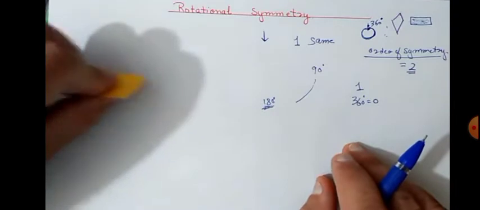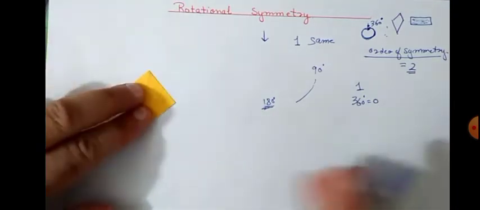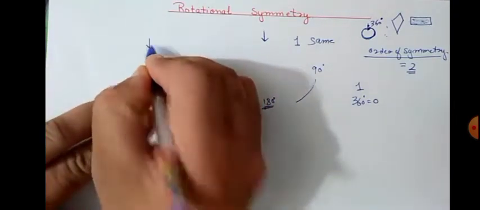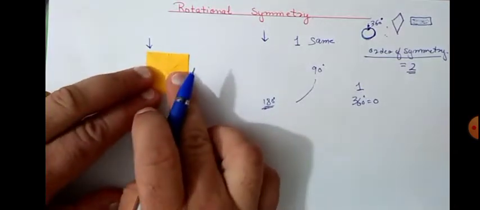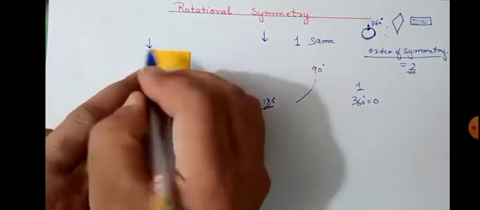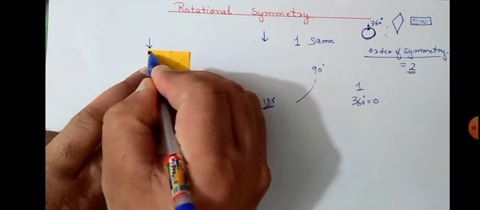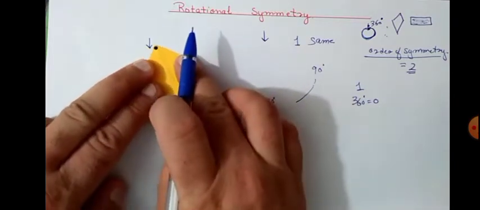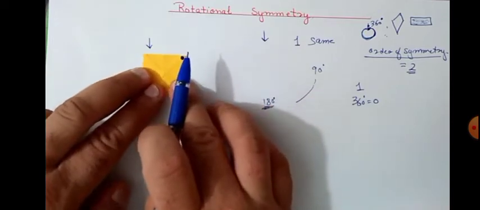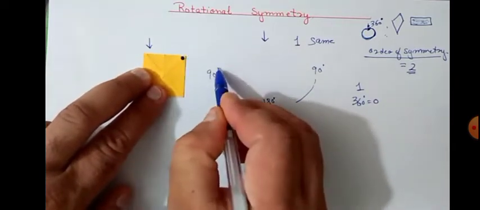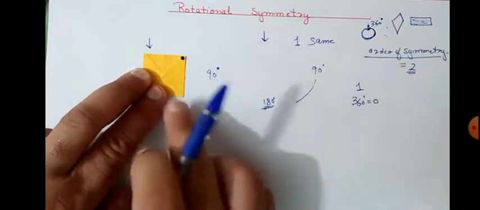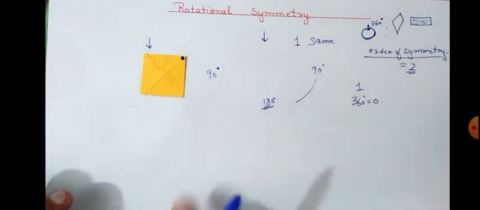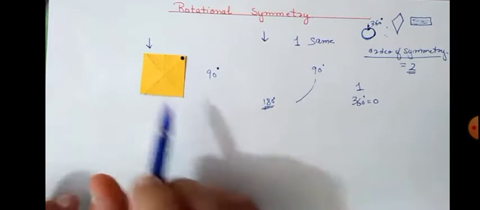Now see the square. Here is its original position. Now after 90 degrees, we will get the same figure.